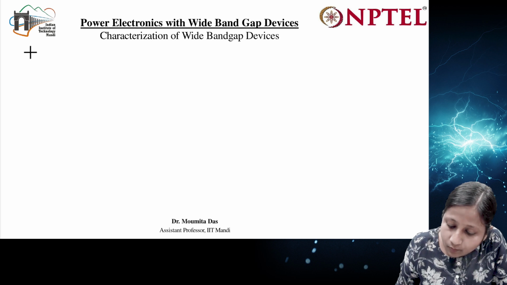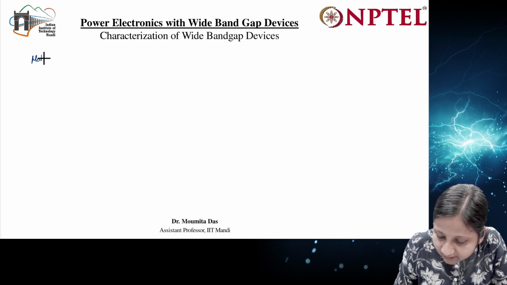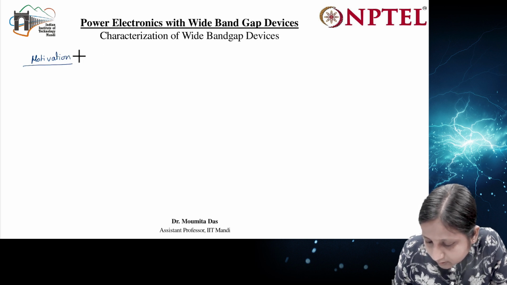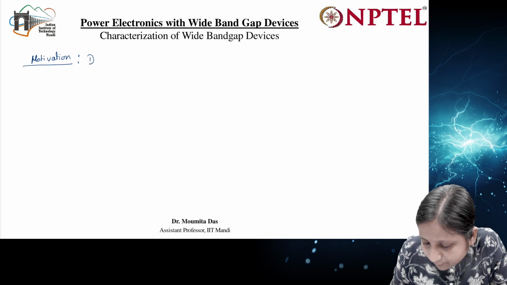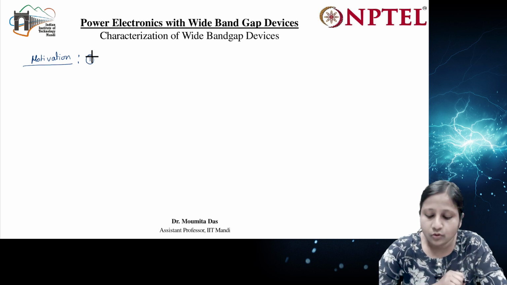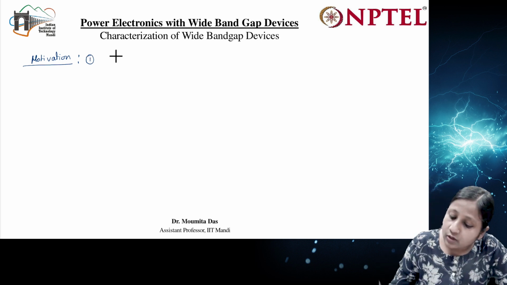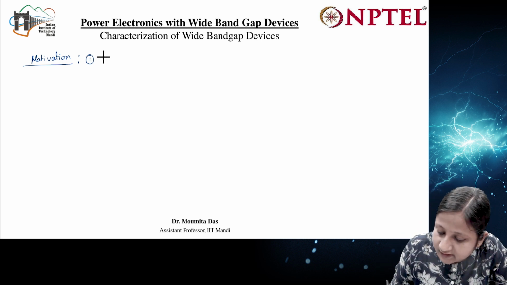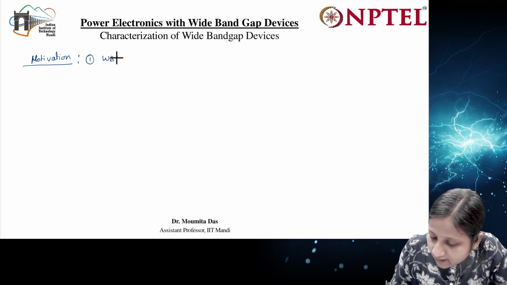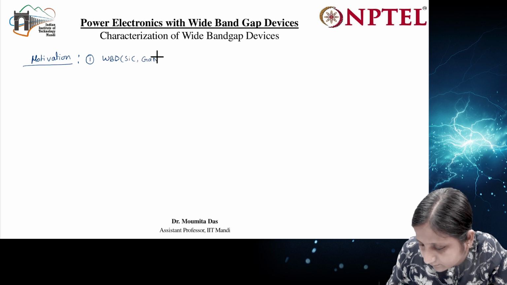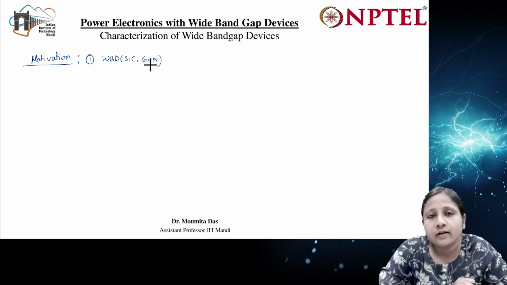So, the motivation behind the characterization. When I say motivation, there are a few points you need to know. What is the motivation behind this characterization? First, the wide bandgap devices such as silicon carbide and GaN are comparatively new and not matured.